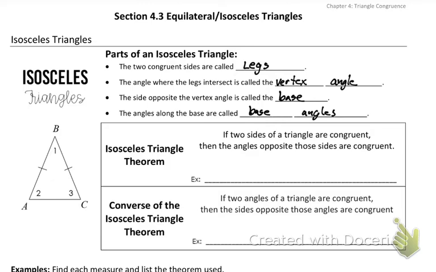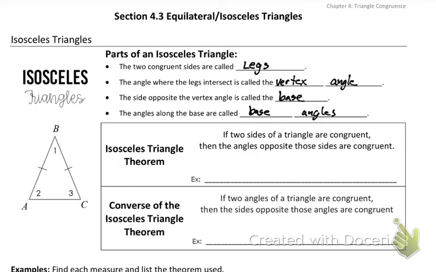The theorem says if two sides of a triangle are congruent, that means I have an isosceles triangle, then the angles opposite those sides are congruent.